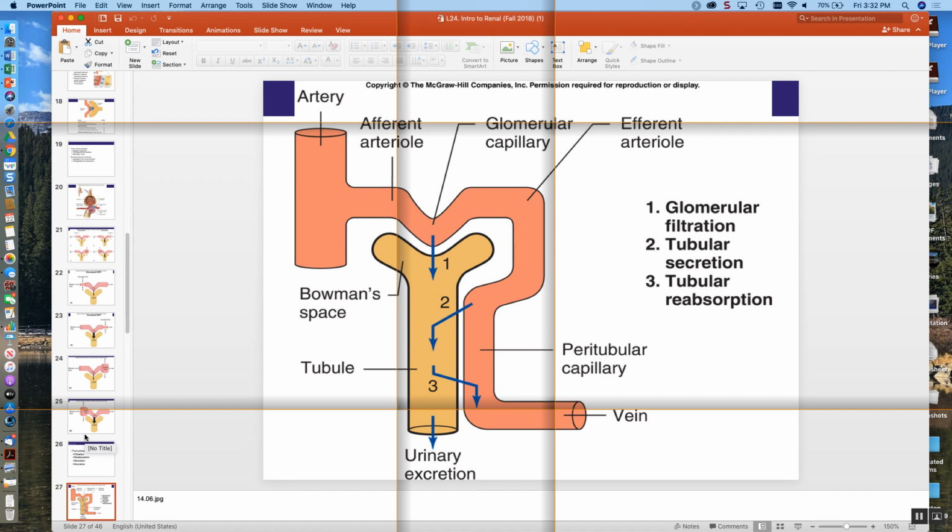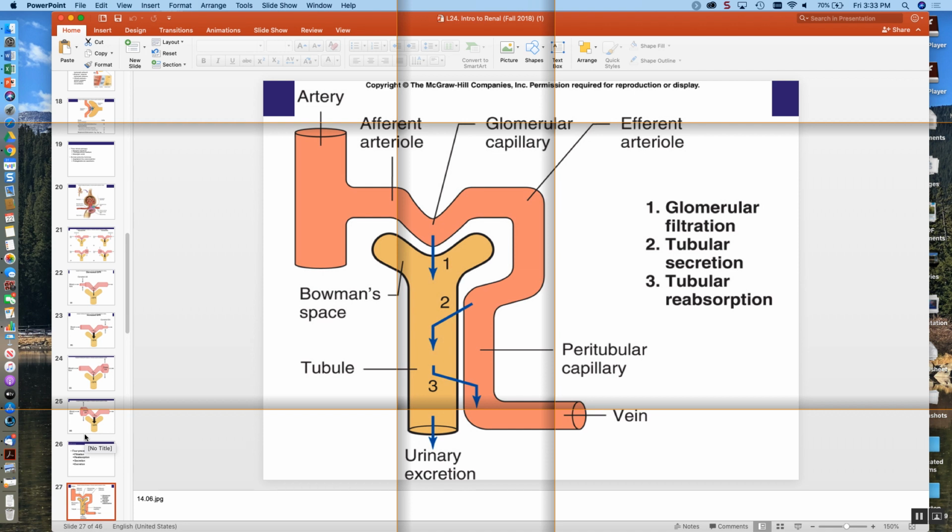When you pull molecules out, like vitamins that are maybe too big to be filtered, when you pull them out of the circulatory system, deliver them into the nephron to ultimately be eliminated, this is called secretion. Okay? Reabsorption is the opposite. It's pulling molecules out of the nephron back into the capillaries or the arterioles, capillaries, and then excretion is eliminating that urine from your body.